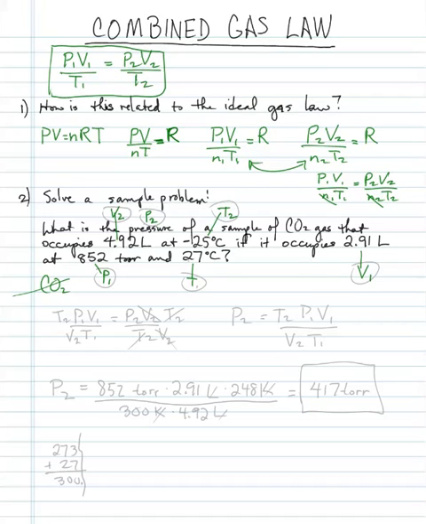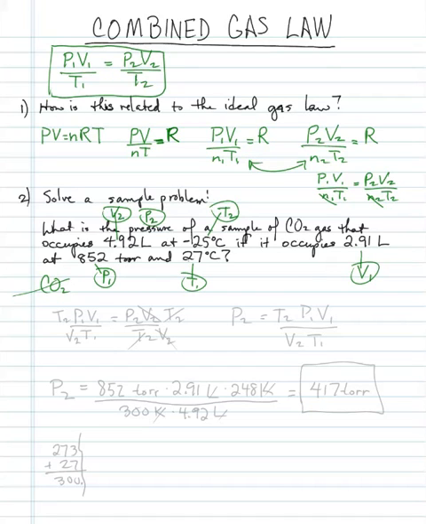Sometimes they're flipped. We can say from 10 degrees to 20 degrees, or to 20 degrees from 10 degrees, and it would be the same thing. So the upshot is, be careful when you're labeling your P1s, P2s, and V1s, V2s that you line them up correctly, so that the pressure, volume, and temperature at one set of conditions all have the same subscript.